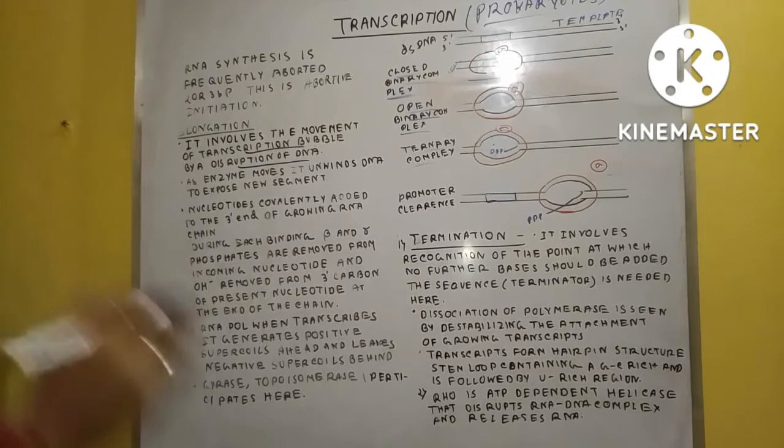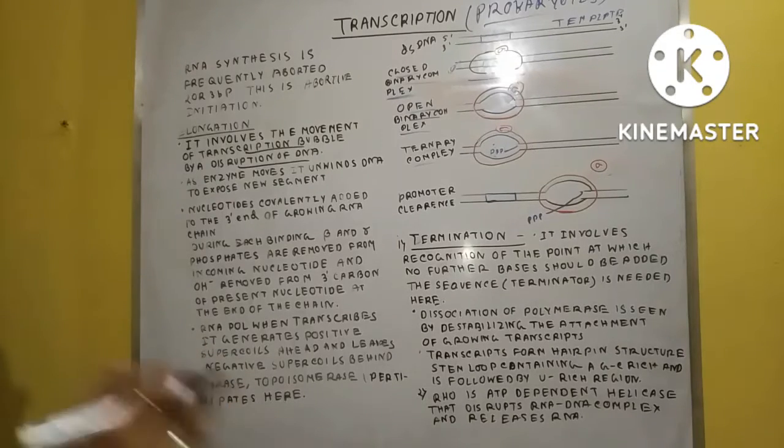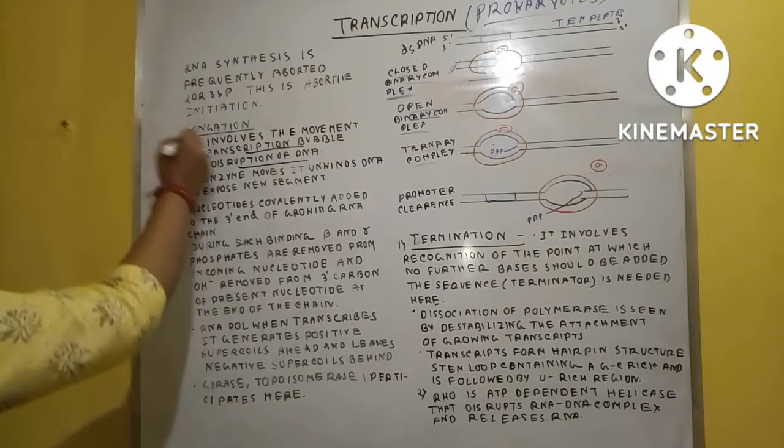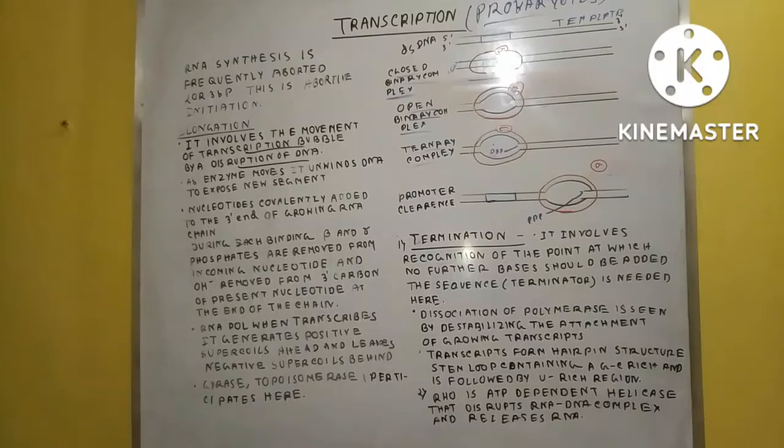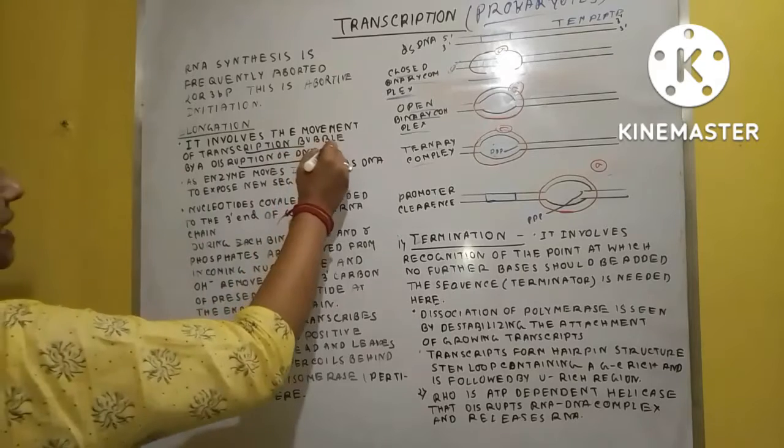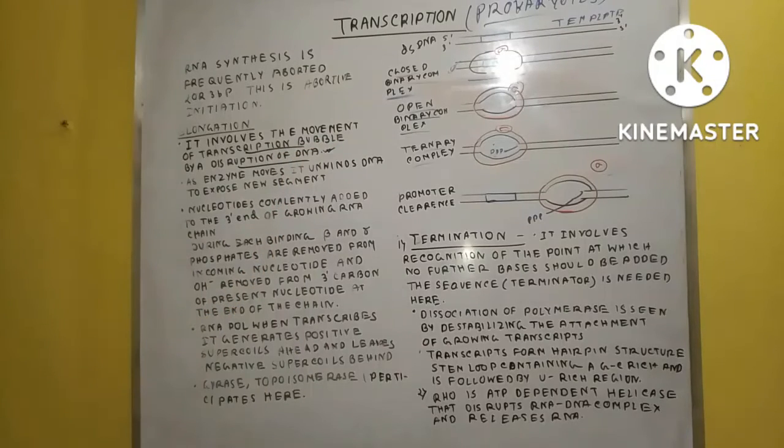The bubble moves from one place to another, and the elongation process continues. You first see the disruption of the DNA, and slowly you can see the transcript chain elongating gradually.